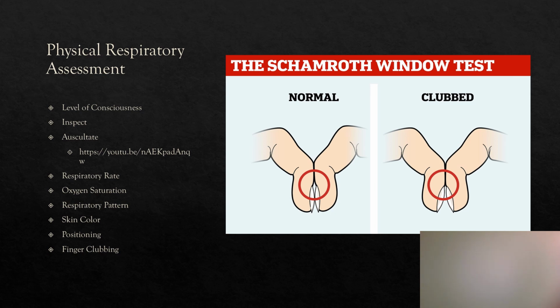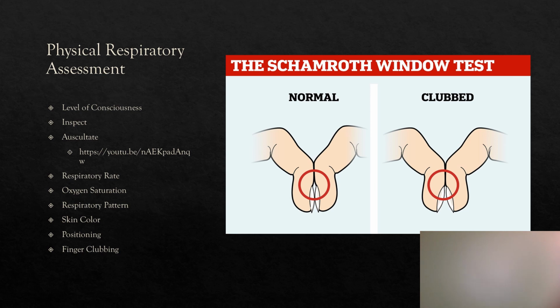This allows us to hear those breath sounds just a little better. And what we're listening for are some of those adventitious sounds. In other words, abnormal sounds. Normally, we should just hear air moving in and air moving out with each inhalation and exhalation. We should not be hearing those adventitious sounds such as crackles or rhonchi or wheezes, etc.